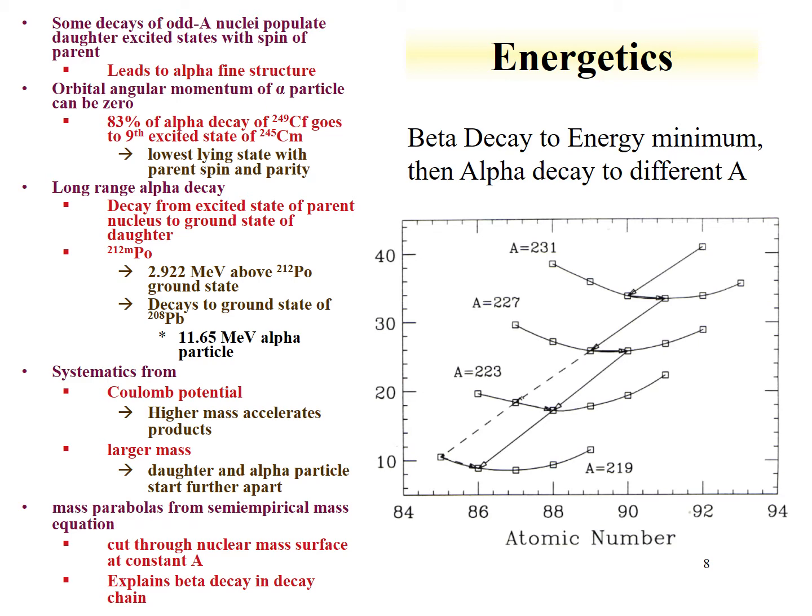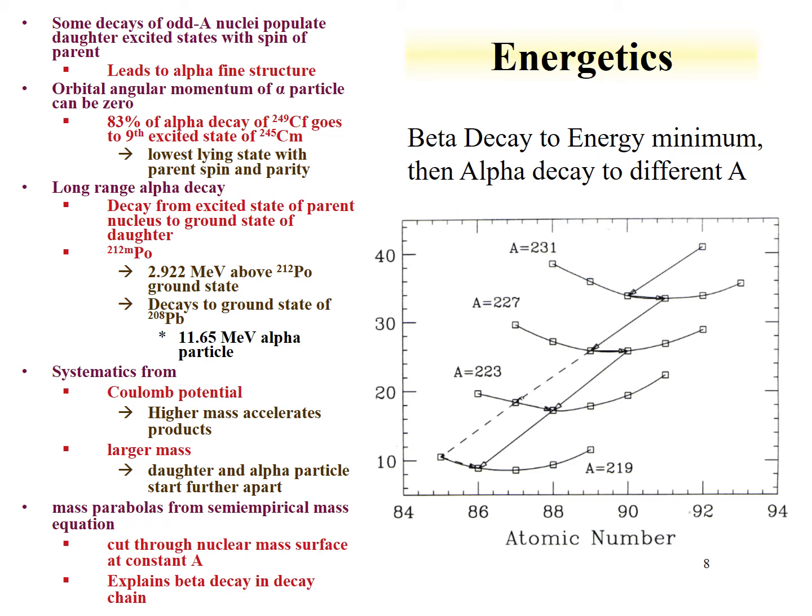And it decays to lead-208 directly with an alpha particle of about 11.5 MeV. And what's interesting about lead-208 is the magic nuclear properties of lead-208 can help drive that decay from the metastable state all the way to the ground state of the daughter.